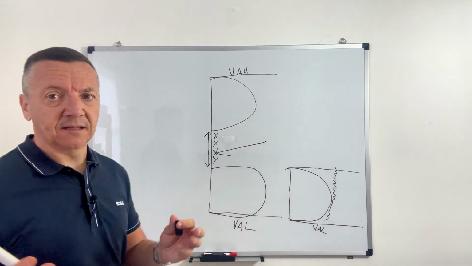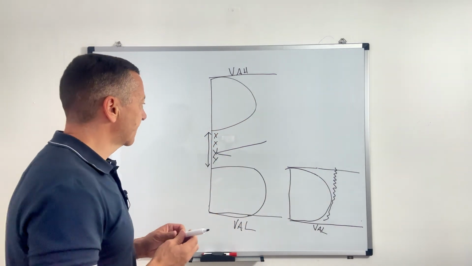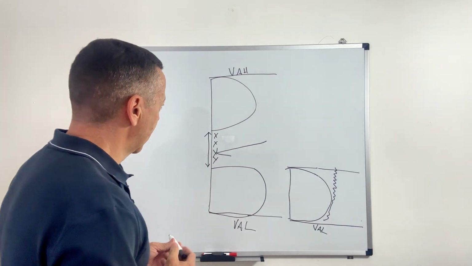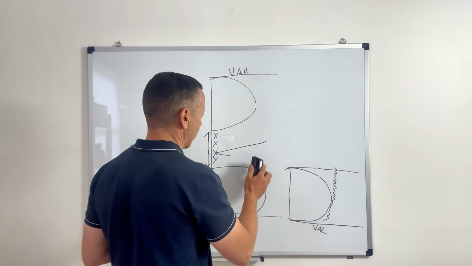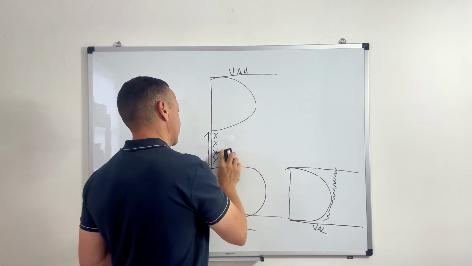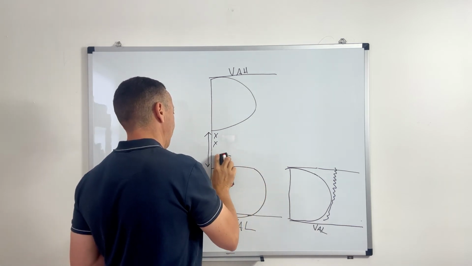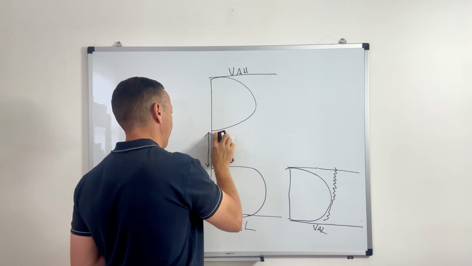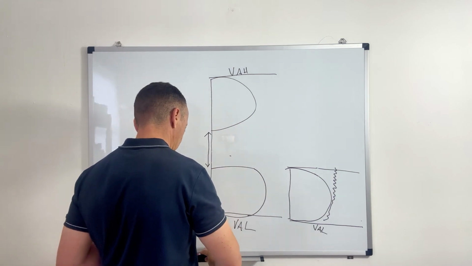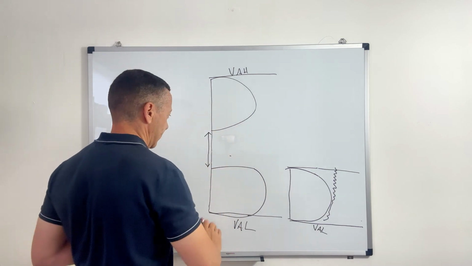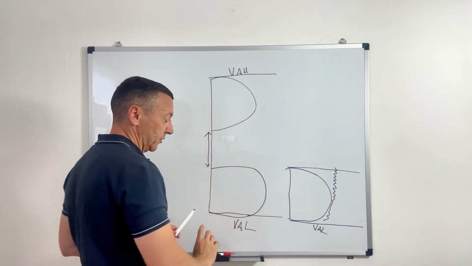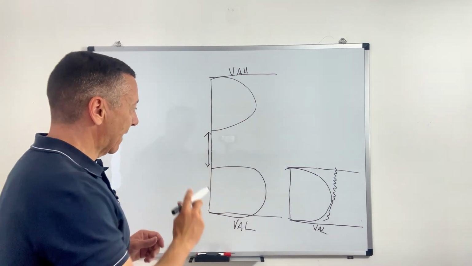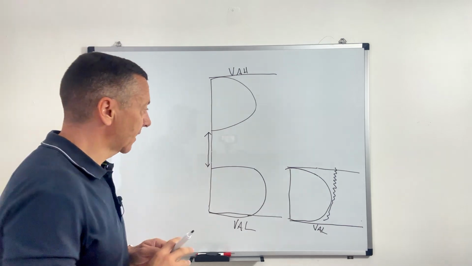So where would I actually be looking for a trade? Personally, what I would do in this scenario is, with this daily value area here with the double distribution, I would split the profile, okay?